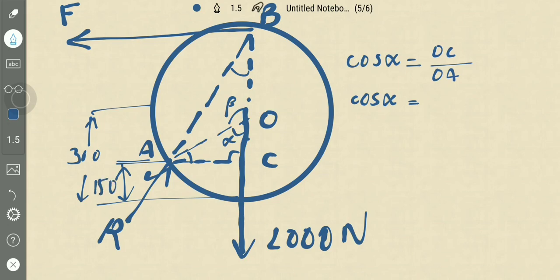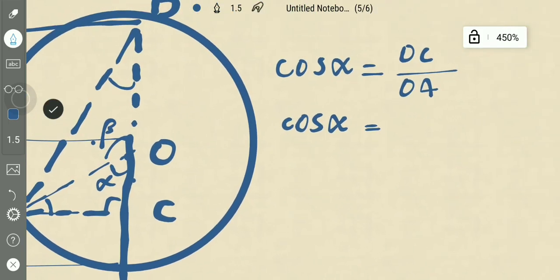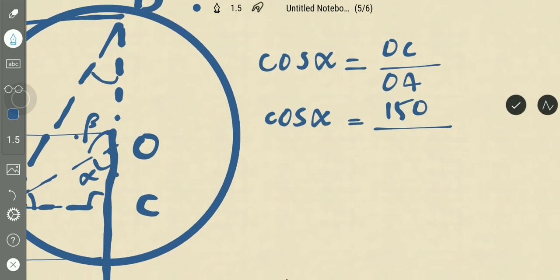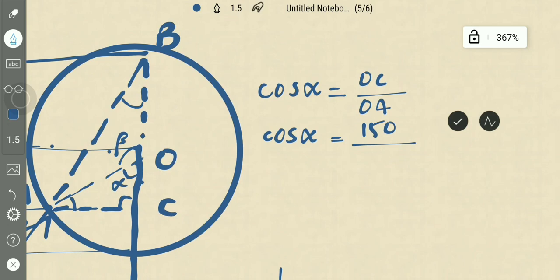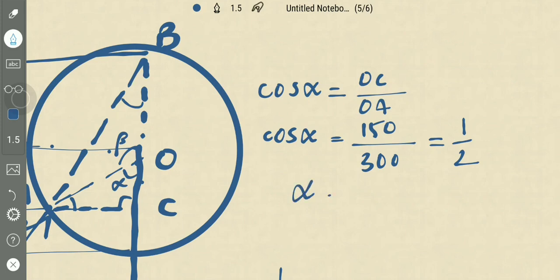So distance from center to here will be 150, right? Then OC is 150 divided by OA. What is OA? It is the radius, which is 300, which is 1 by 2. Alpha is cos inverse 1 by 2, which is 60 degrees.